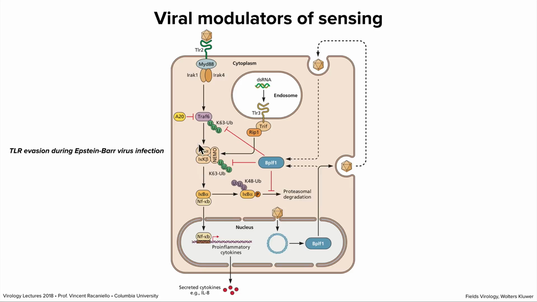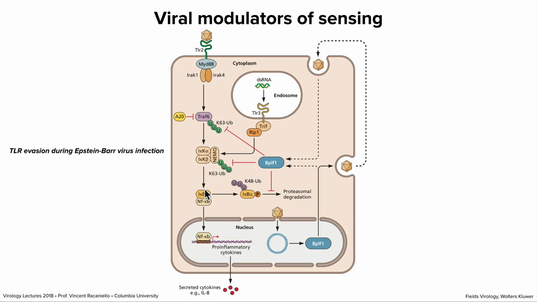For example, TRAF6 has to be ubiquitinated in order for it to proceed through this pathway. So does this protein NEMO, in order to continue the signaling. The Epstein-Barr virus protein BPLF1 blocks, as shown by the red line, ubiquitination of these two proteins, so it effectively inhibits signal transduction.